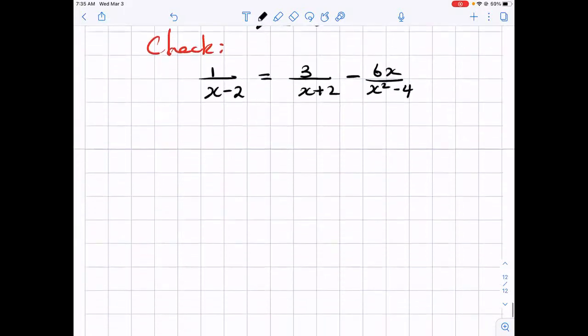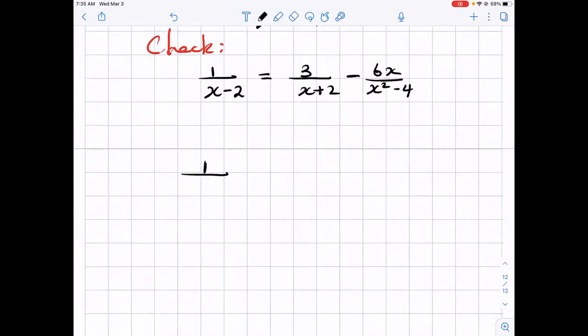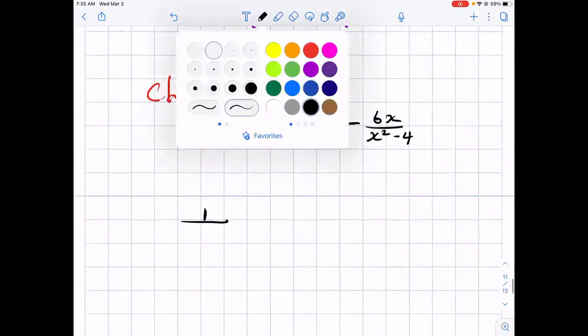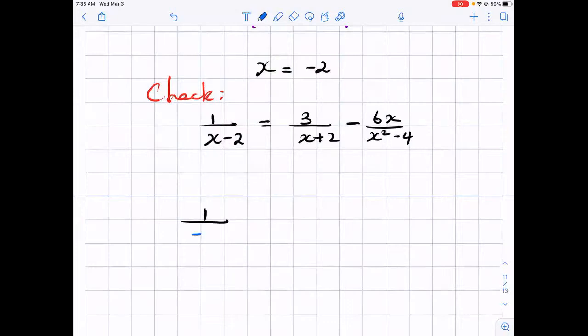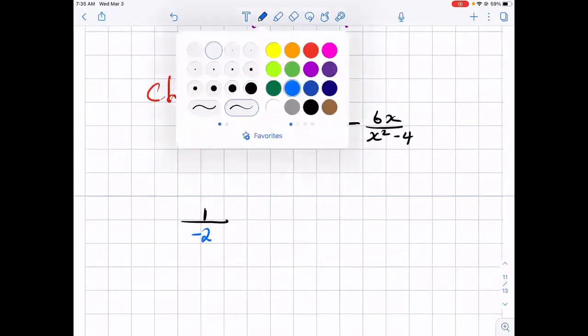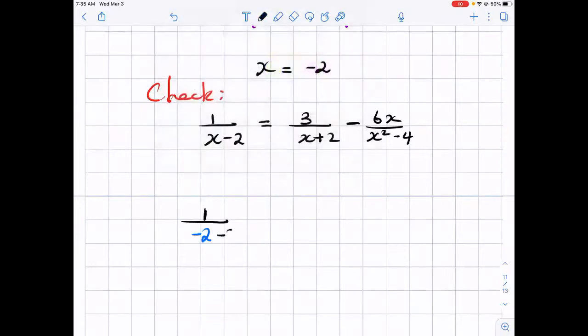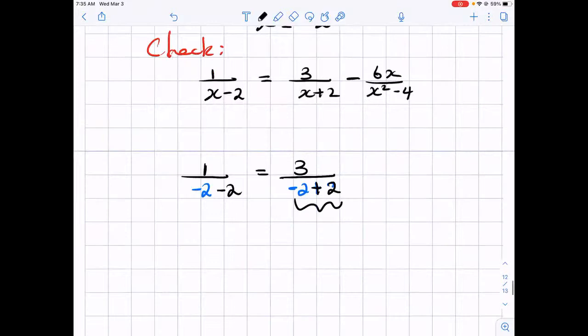And you will notice that if you put x to be minus 2, you will notice that in this fraction we have 0. Okay, this here is 0, and that's a problem.